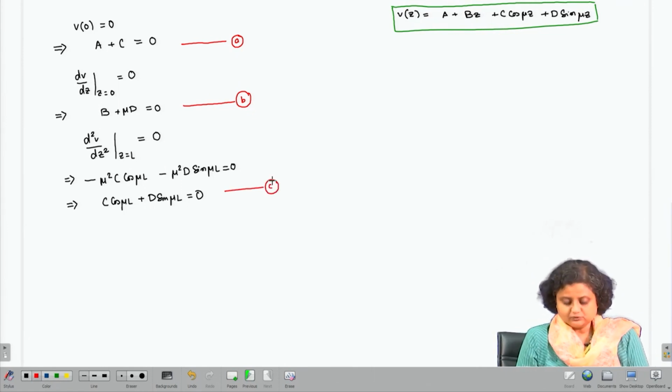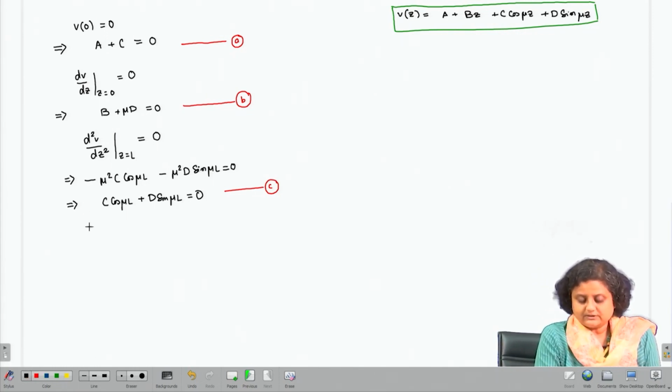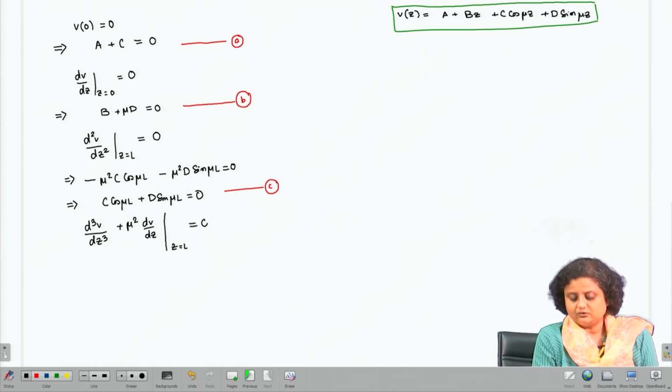Now, let us come to the next equation, which is coming from shear force equals 0, which is d3v by dz cube plus mu square dv by dz at z equals L is equal to 0.